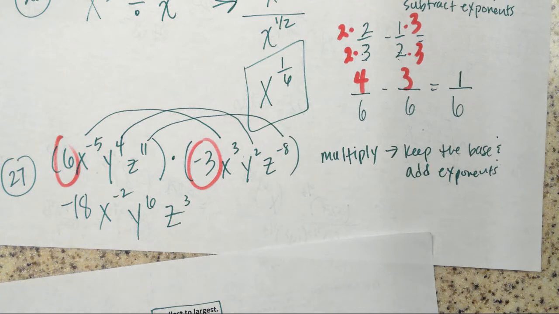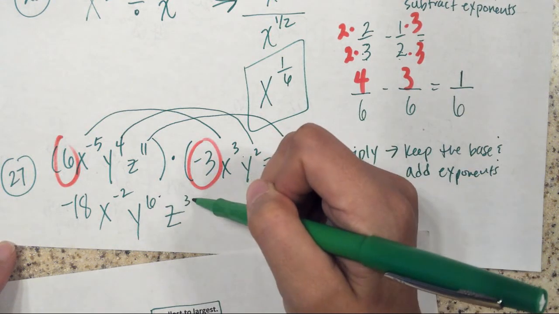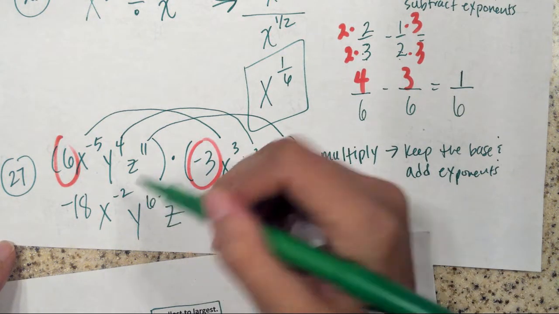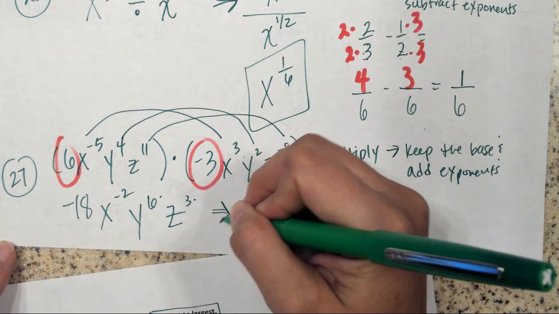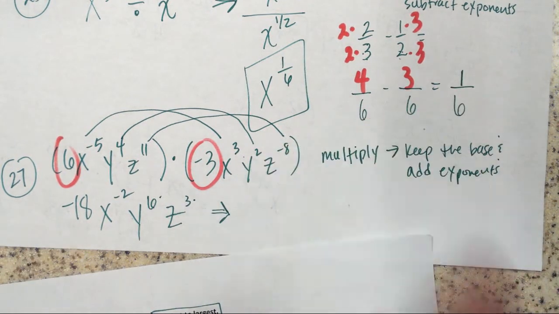Alright, so remember what I said. Here, we usually don't like having negative exponents. So what I'm going to do is check if any of them are negative. So like here, this exponent is positive, this exponent is positive, but this guy is negative. So I need to bring him down. Now the -18, guys, he's negative.